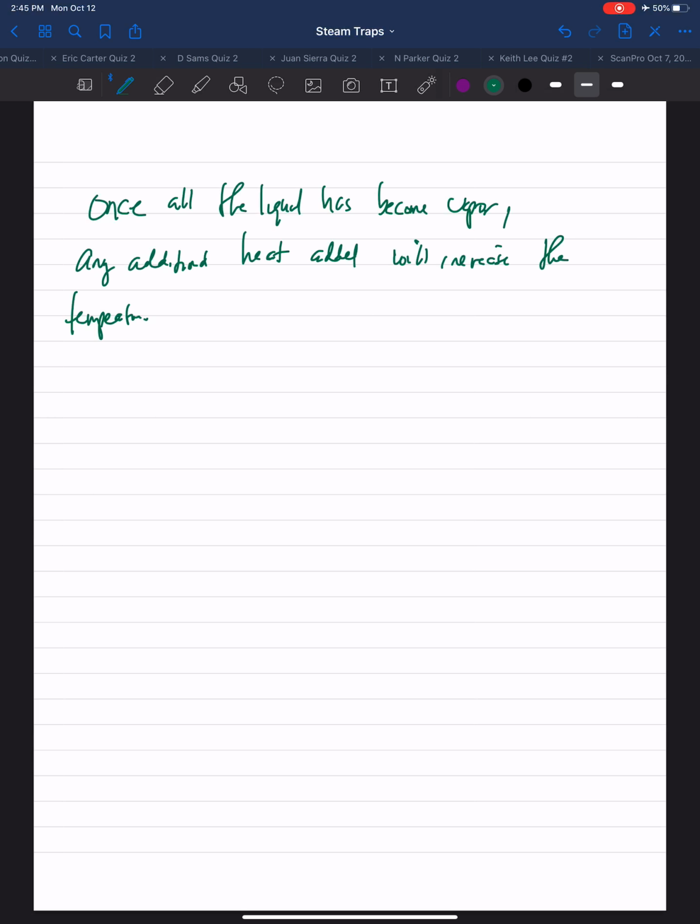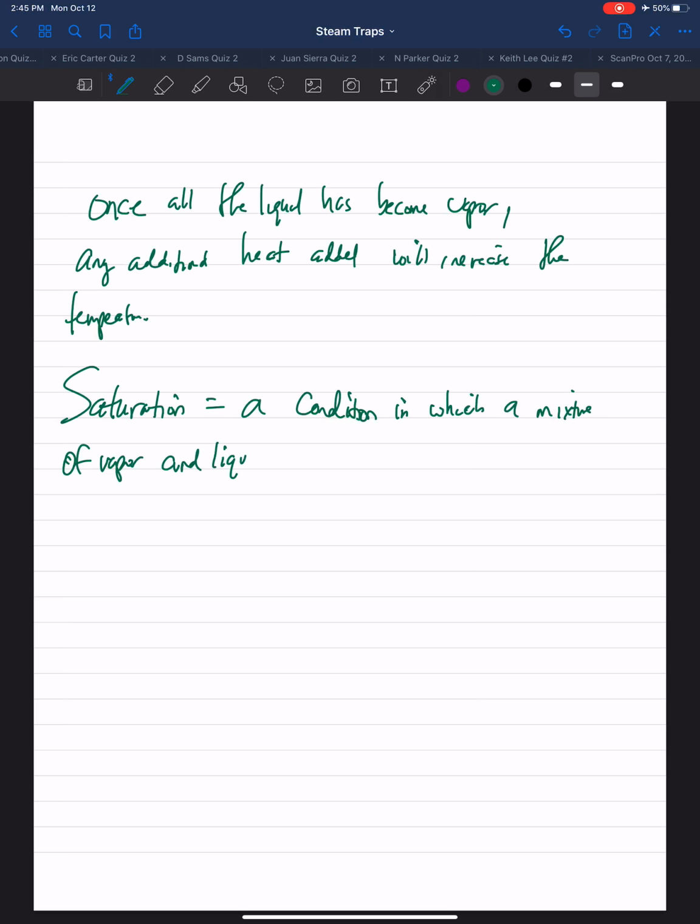So let's define some more terms. Saturation is a condition in which a mixture, vapor and liquid, can exist together at a given temperature and pressure.